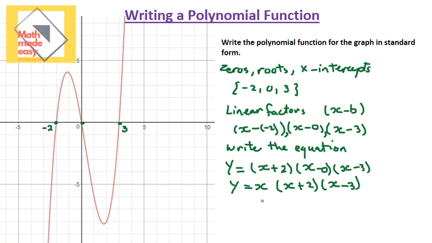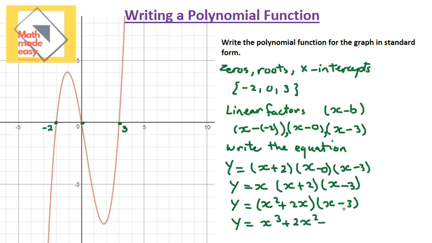For this equation to be in standard form, basically you're going to simplify by multiplying x by the first binomial we have. So x times x, that's an x squared, then plus 2x. Then we're going to multiply this binomial by the last linear factor we have. Use distributive property. So you have y, x squared times x is x cubed. Then 2x times x is 2x squared.